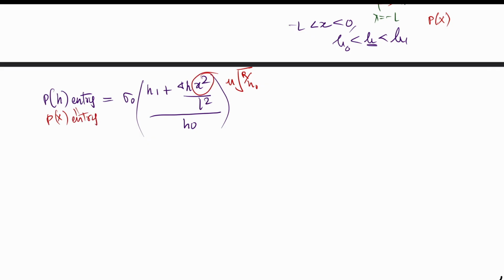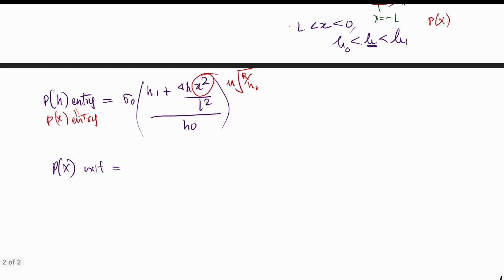Similarly, we have px exit, which I can write like this: h1 plus delta h x squared upon L squared upon h1, then mu r over h1.